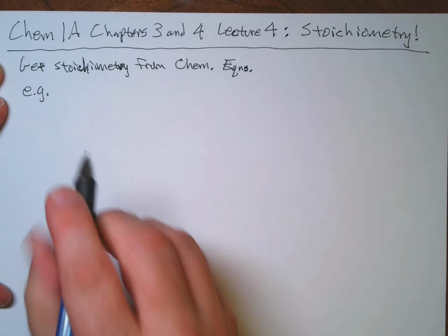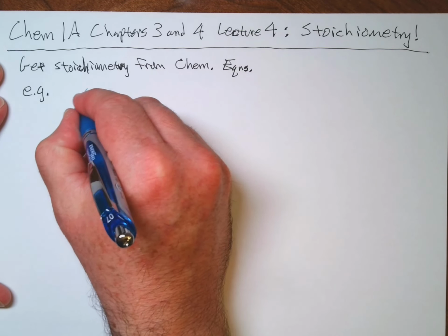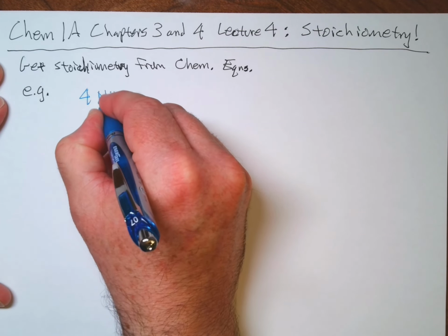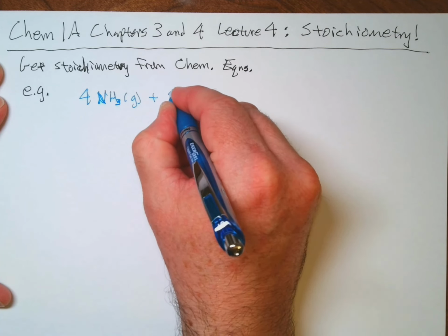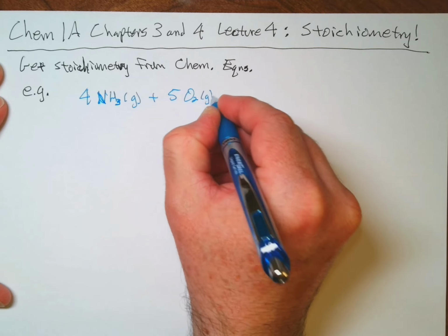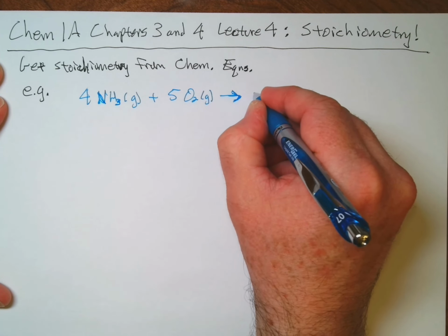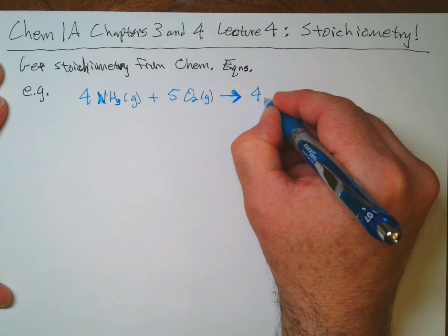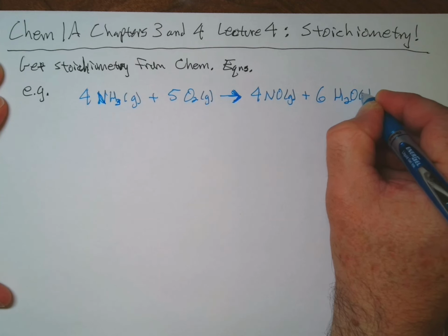So for example, let's take a look at the following. Let's say we had 4NH3 gas, plus 5O2 gas, and they react to give us 4NO gas plus 6H2O gas.